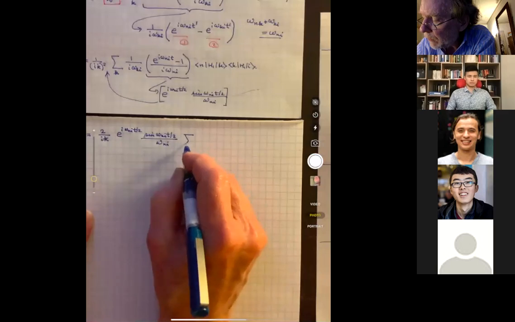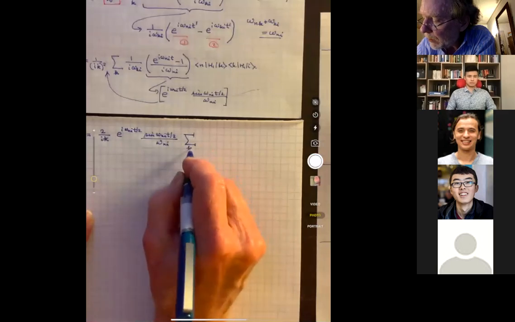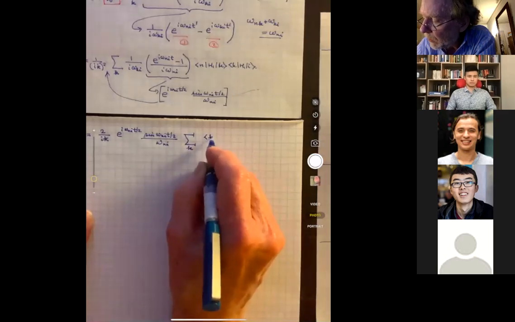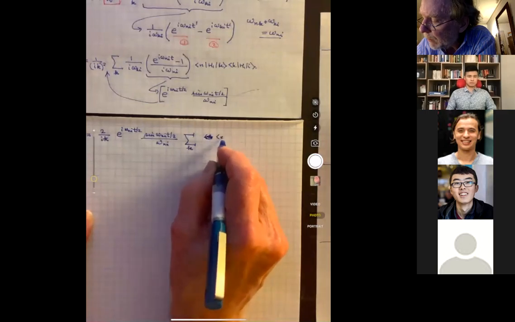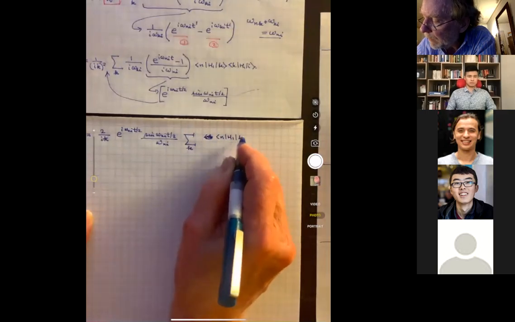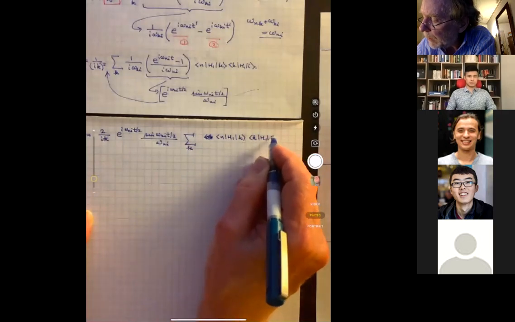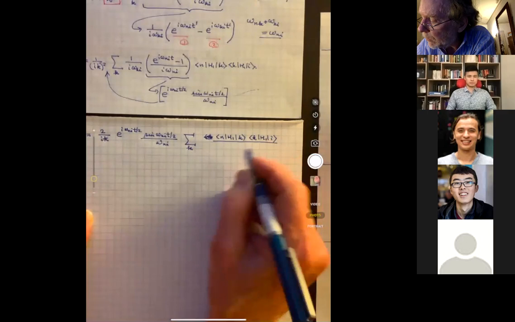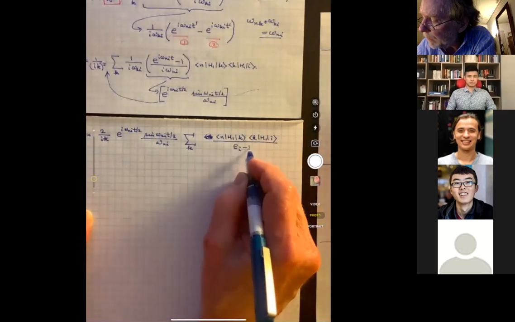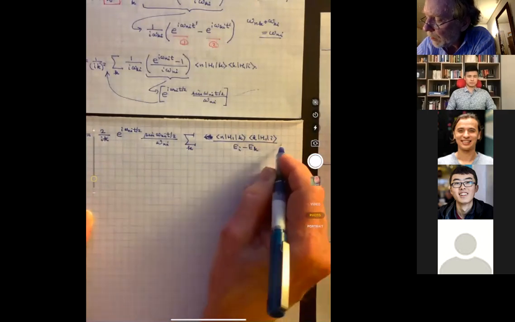And then what's left over is a sum on k, intermediate states k, with <n|H1|k> and then <k|H1|i>, like this. And you have an energy denominator, which is E_i minus E_k.